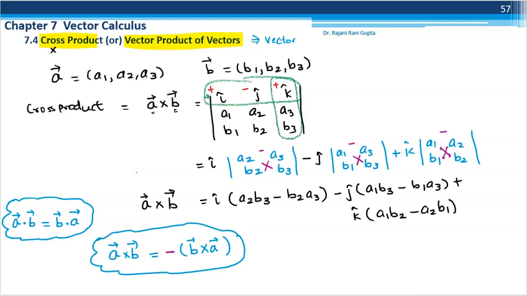Now moving on to another way of finding the cross product, one which includes the angle.